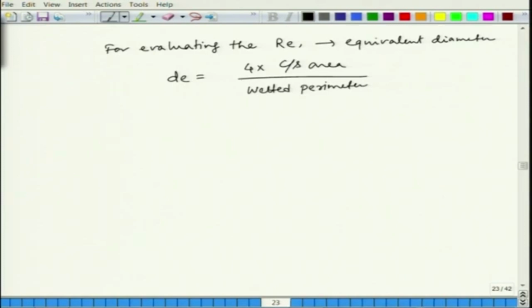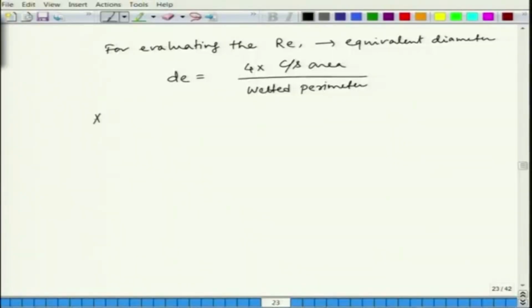This you know. So, you have to evaluate that for the air channel where the flow is happening, and then use that equivalent diameter in evaluating the Reynolds number, and then you can use the correlation to get the Nusselt number. From the Nusselt number you will have to get the h by using the thermal diffusivity. Okay.